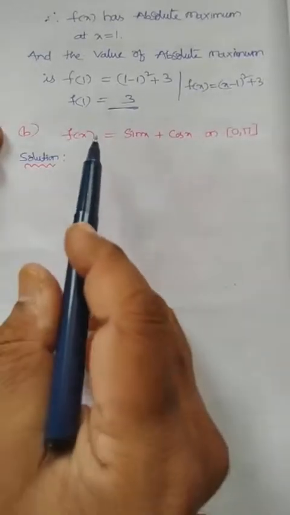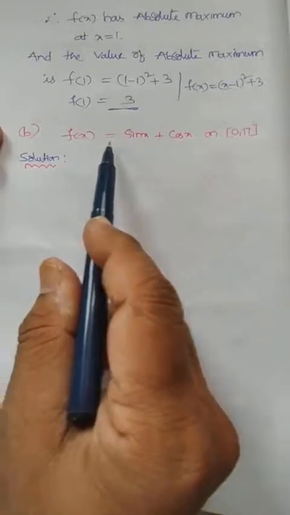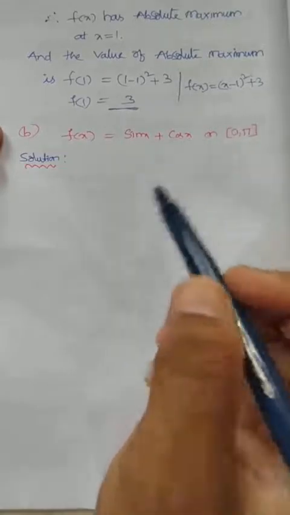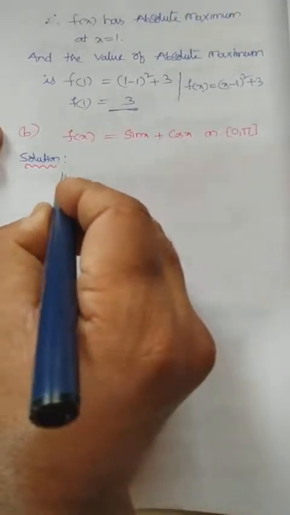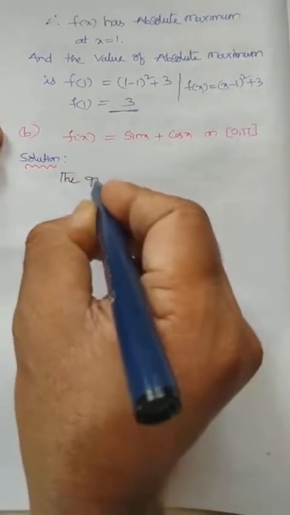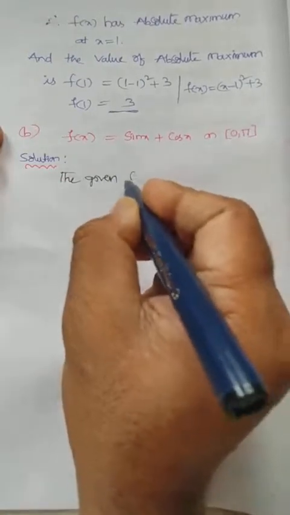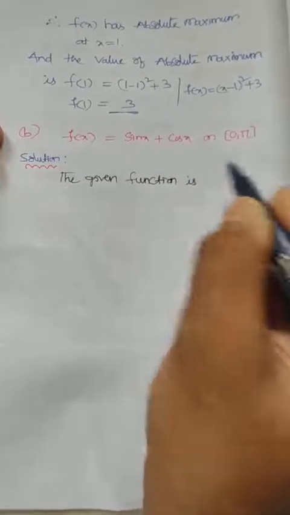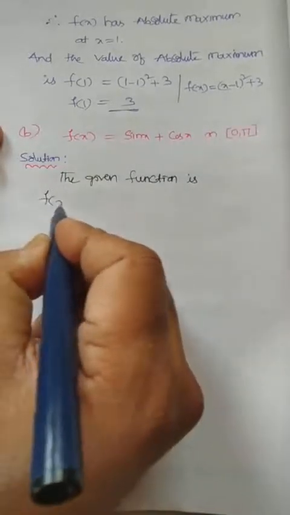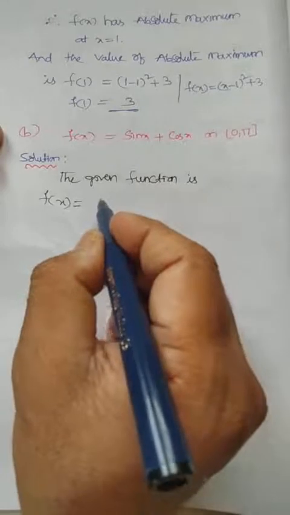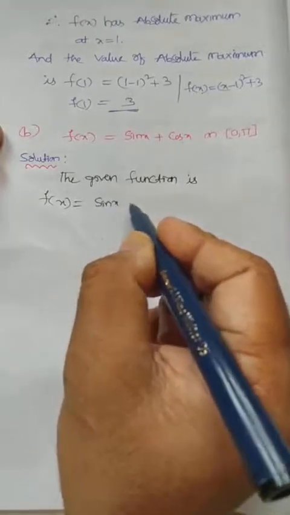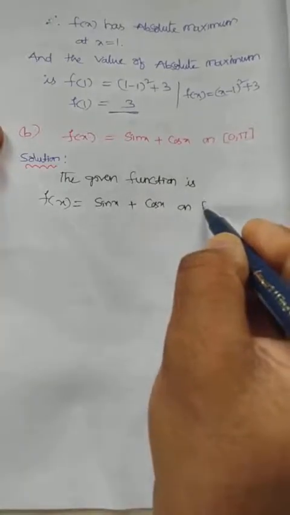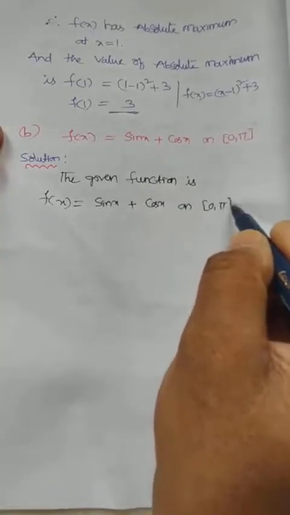Now the same conditions for another function, f of x equals sin x plus cos x on the closed interval 0 to pi. The given function is f of x equals sin x plus cos x on the closed interval 0 to pi.